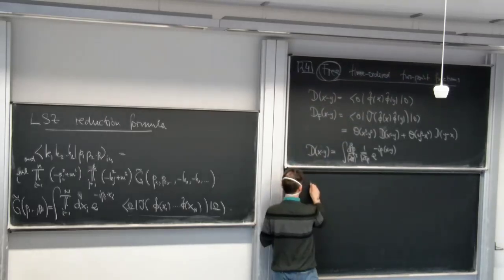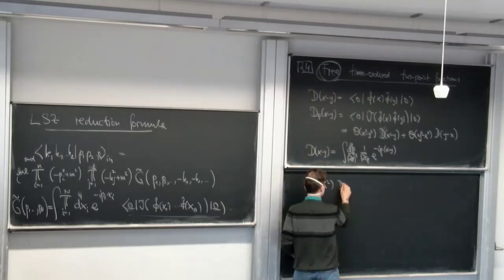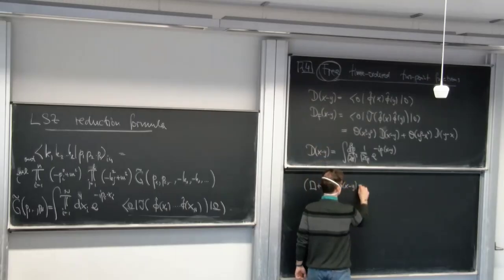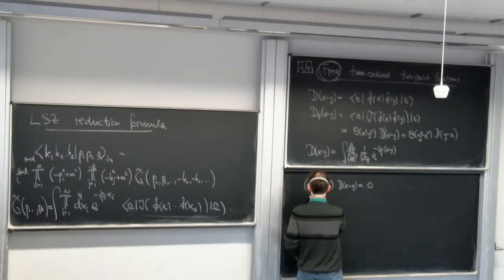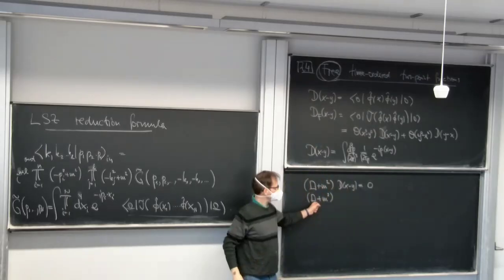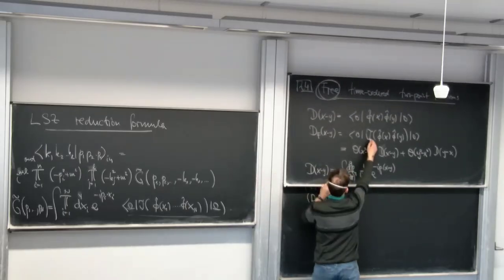We prepared it. We saw that the D satisfies the homogeneous equation with a 0 here, while with the F, the time derivatives that are here hit the time ordering symbol, basically.